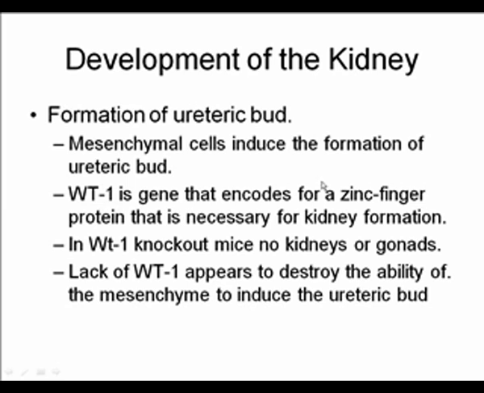WT1 is a gene that encodes for a zinc finger protein, and it is requisite for kidney formation and gonad formation. If there is a knockout of the WT1 gene, then kidneys do not form and gonads don't form. And one of the ways this appears to happen is that without WT1, the mesenchyme cannot induce the ureteric bud.